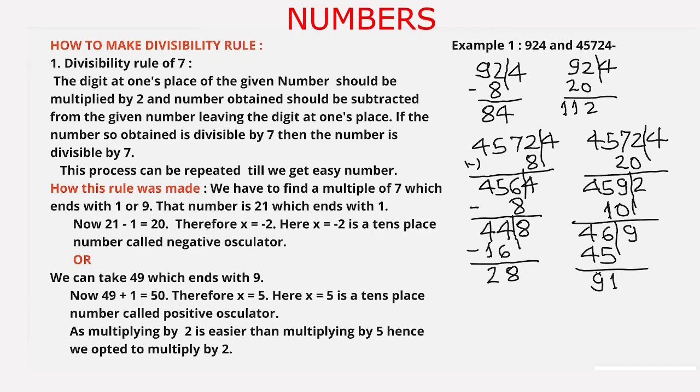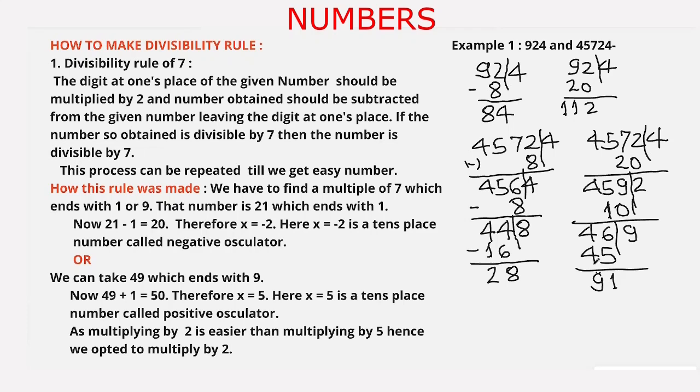And the number sometimes on multiplication by 5 is bigger number, like here on multiplying by 5 to 9 we get 45, and to add 45 to 46 is difficult part, rather than a small number 8 or 16.